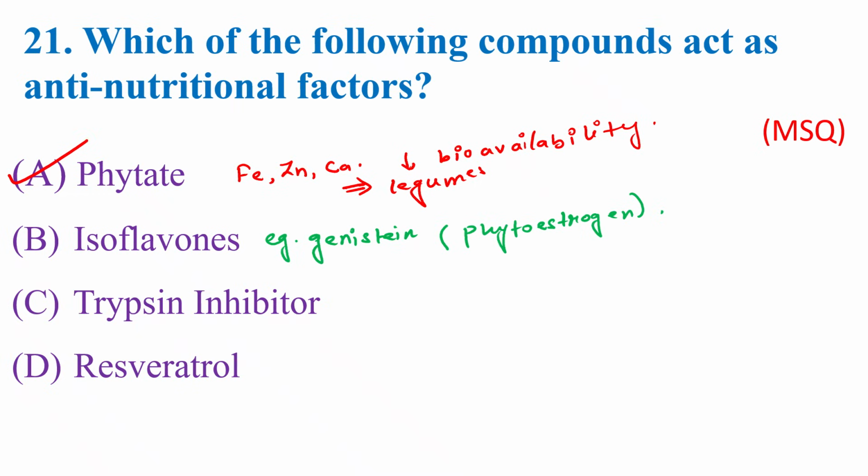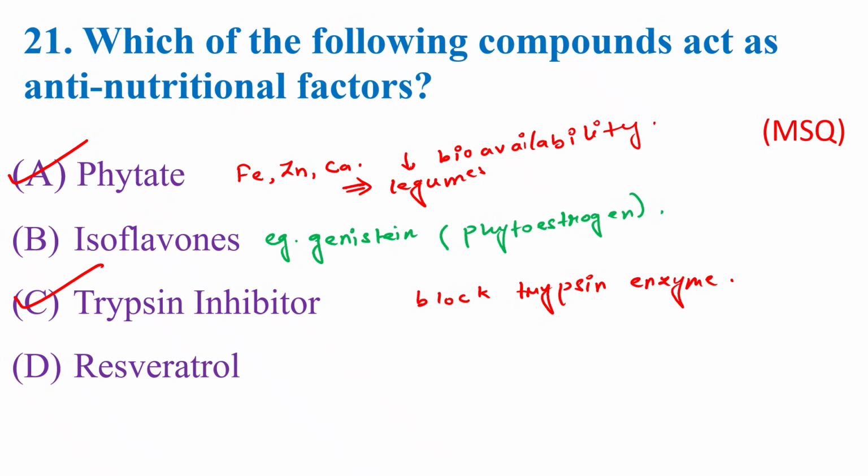Next, trypsin inhibitor. So trypsin inhibitor will block the trypsin enzyme, which will impair our protein digestion, and these are common in raw soya or legumes. So it is anti-nutritional.